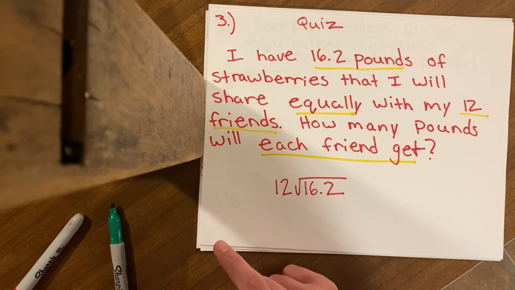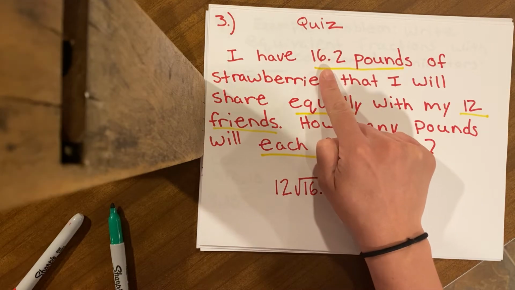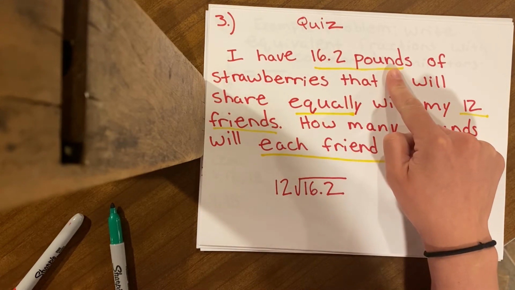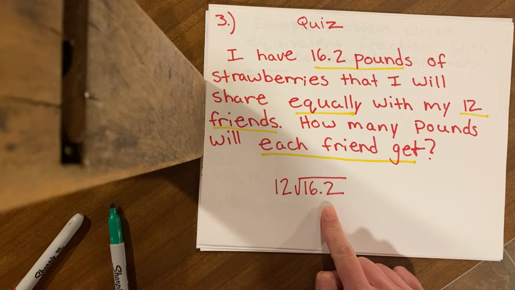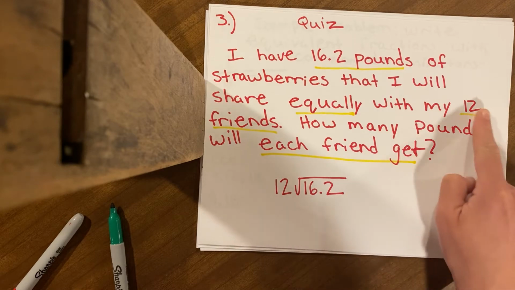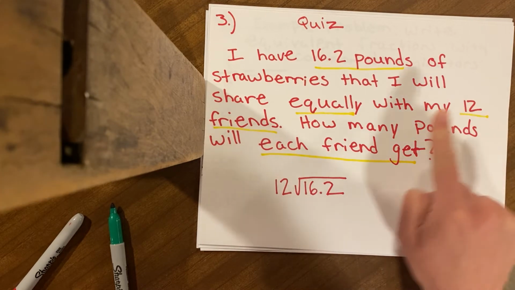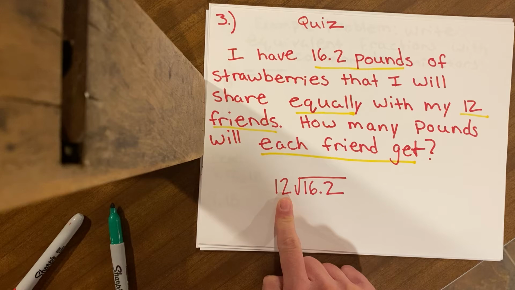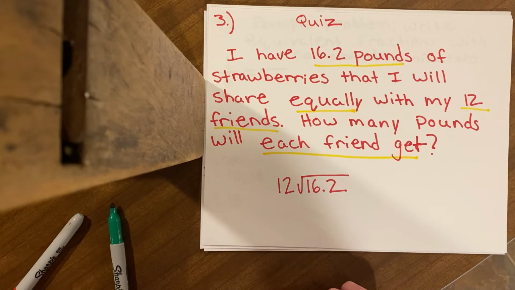So what you're paying attention to here is I have 16.2 pounds of strawberries. That's where that's going to go. I've set it up for you here. Those strawberries are getting divided between 12 friends. And we're looking to find out how much will each friend get.